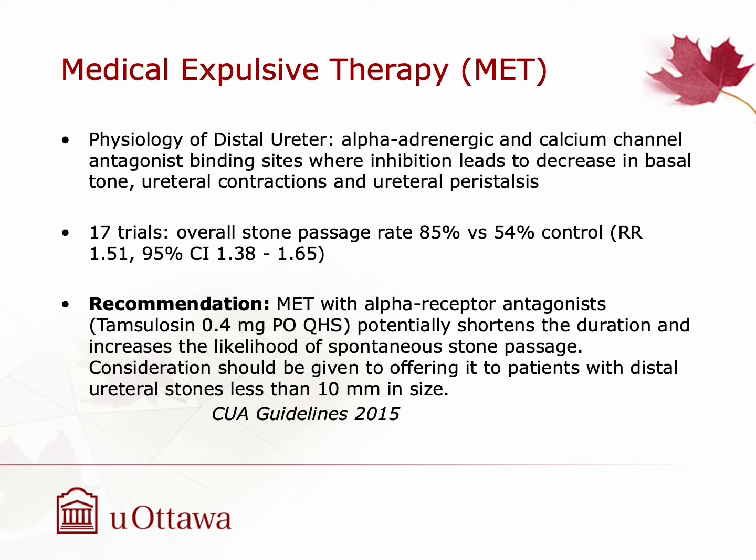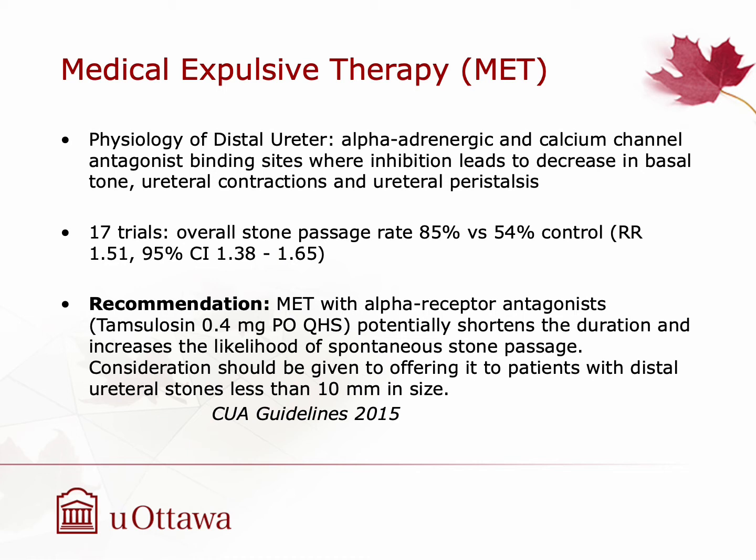So based on the CUA guidelines of 2015, about 5 years ago, medical expulsive therapy with alpha receptor antagonists, with tamsulosin the most commonly utilized agent, potentially shortens the duration and increases the likelihood of spontaneous stone passage. So consideration should be given to offering it to patients with distal ureteral stones less than 10 millimeters in size.